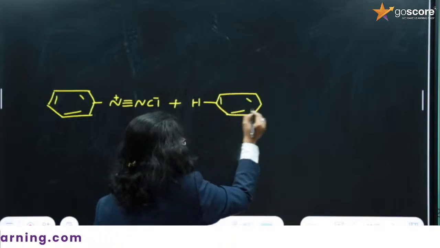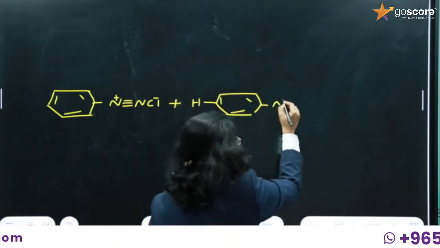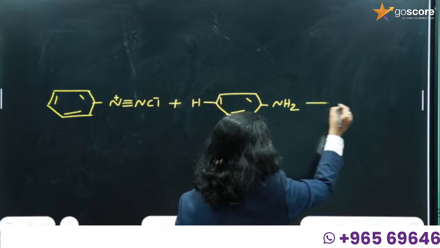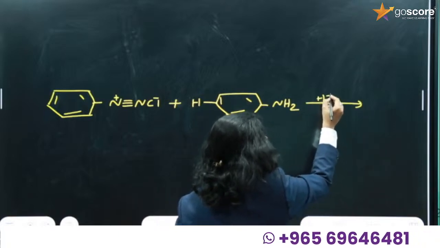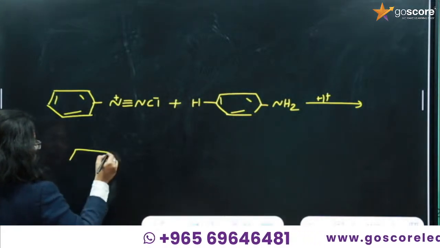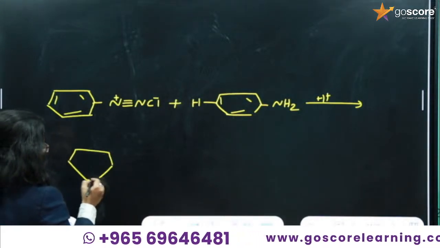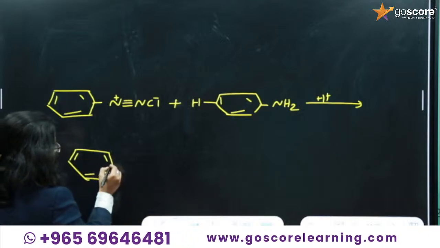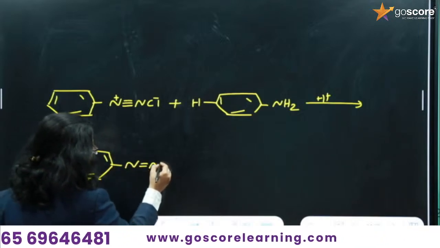Then you will get para amino azobenzene. This is carried out in presence of acid. So the azo group will be attached at the para position.